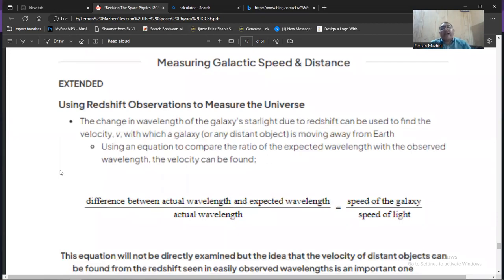Measuring galactic speed and distances. Using redshift observations to measure the universe, the change in wavelength of galaxy or star light due to redshift can be used to find the velocity v with which a galaxy or any distant object is moving away from Earth. Using an equation to compare the expected wavelength with the observed wavelength, the velocity can be found.